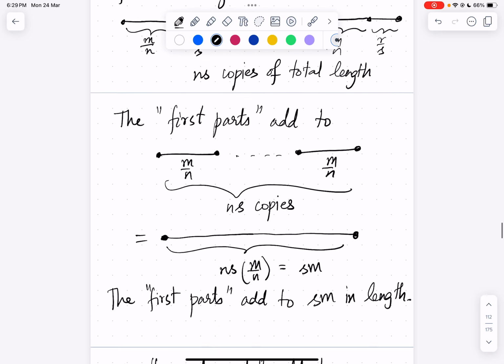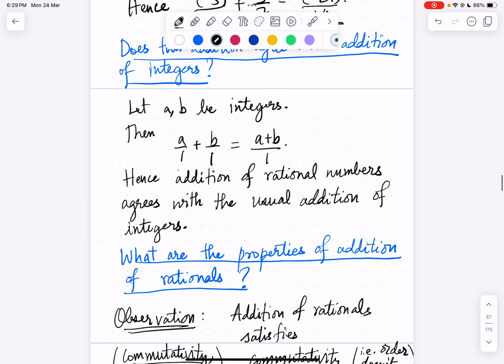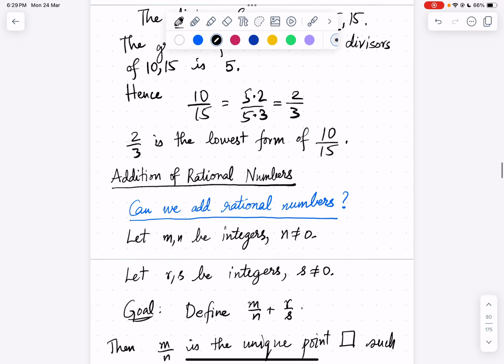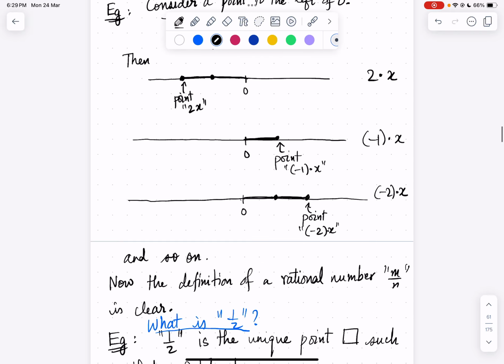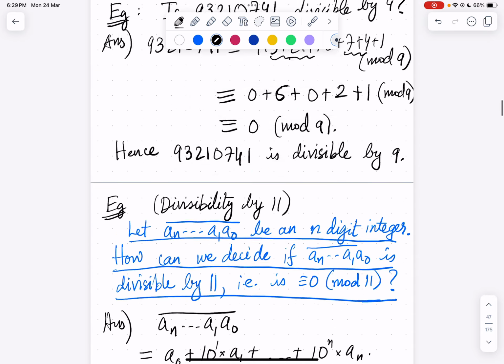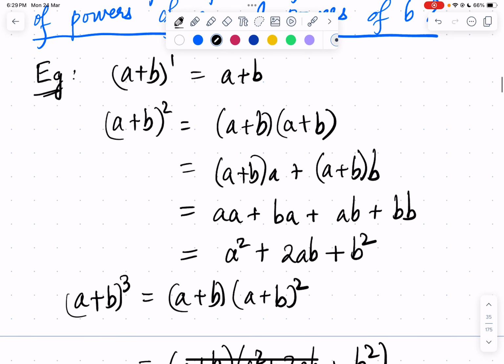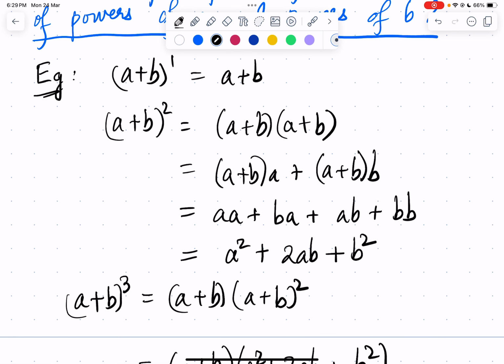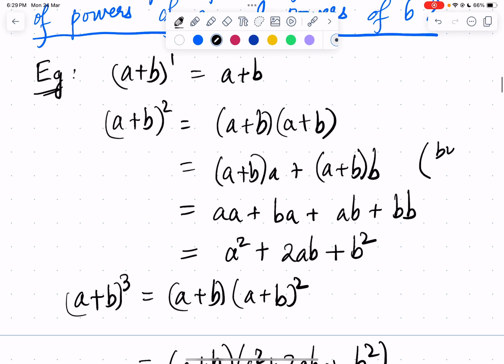We proved that for integers, I guess, it naturally extends to rational numbers as well. But because of distributivity, we could basically do, for example, this a plus b whole square. We could simplify a plus b times a plus b as a plus b times a plus a plus b times b. This is by distributivity.